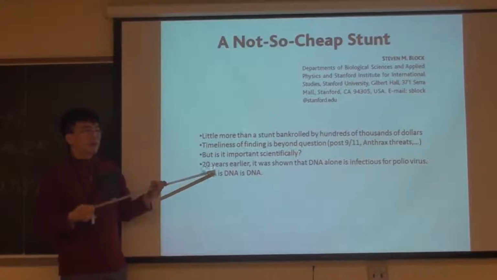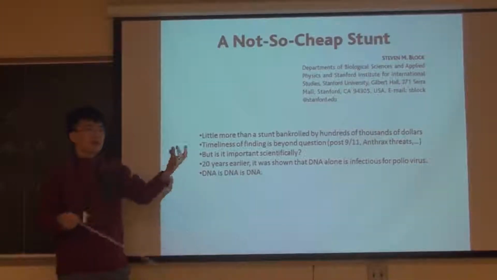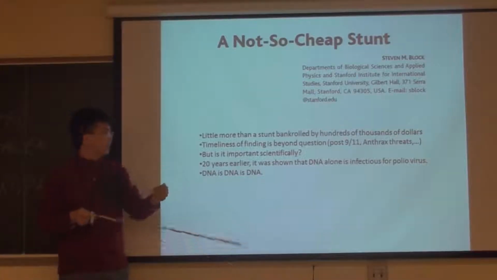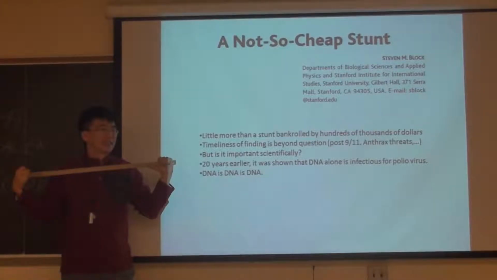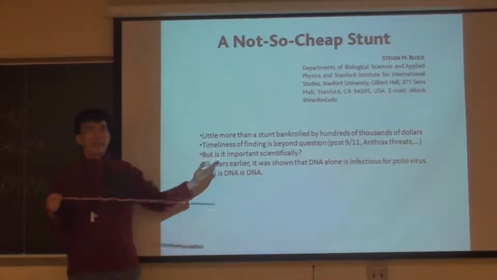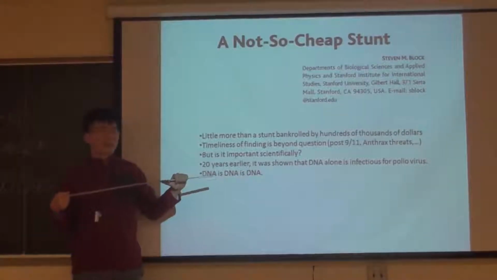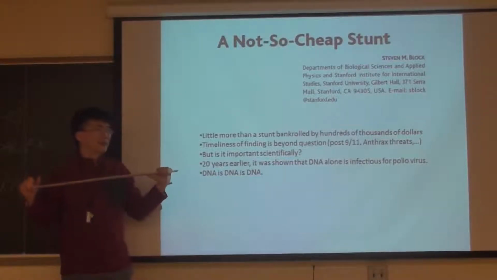It turns out that the same group, Wimmer, 20 years earlier, showed that if you collect the DNA from the virus, nothing else, DNA alone from the virus source, and put it into human cells, then you can make a live virus. So he said, okay, DNA is DNA is DNA. If he wants to make DNA, then why is it surprising or profound or important to show that chemically made DNA can be the same?